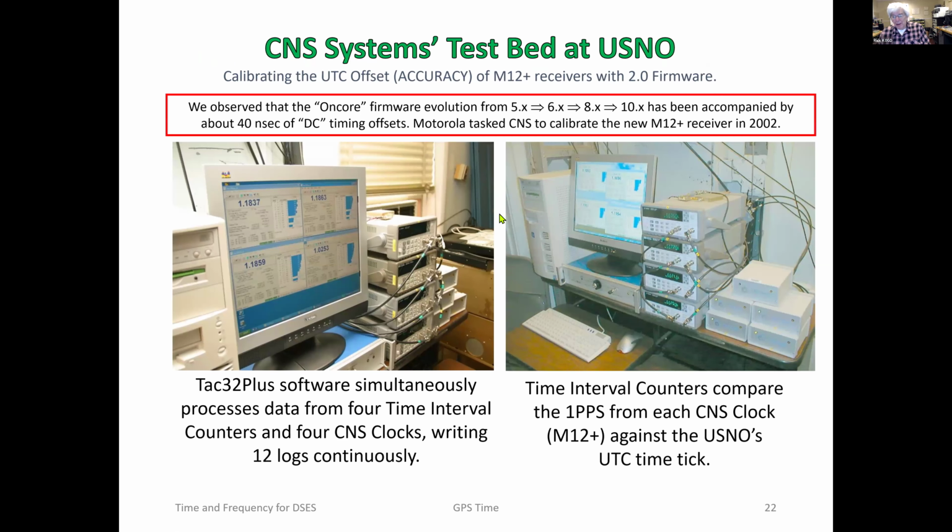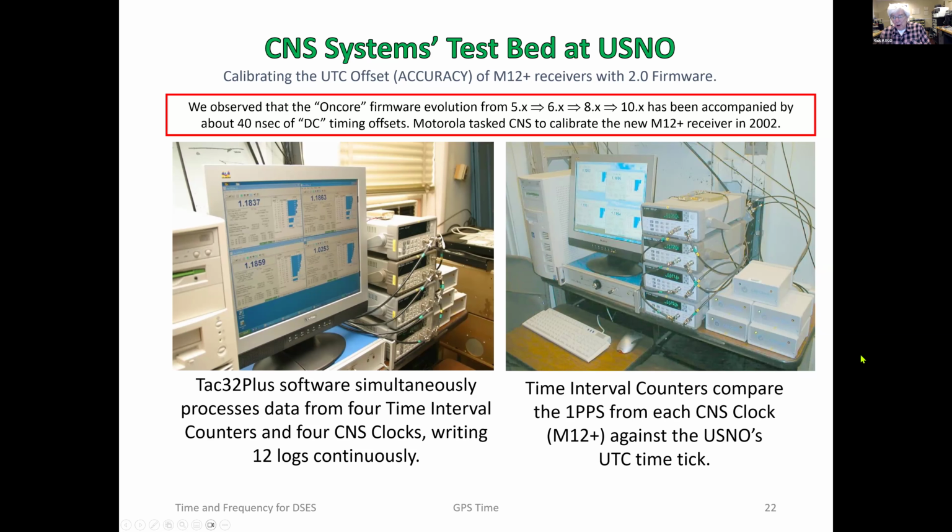Now, I mentioned that the receiver at Haswell is a special receiver. I just threw this in for fun. That receiver was calibrated in 2002, so it's not a new design, by myself. And we had 4 receivers at the time and 4 counters and 4 software logging programs and a computer logging all the data from all 4 of these.